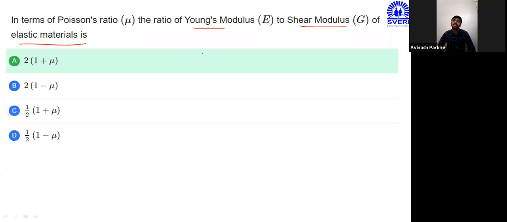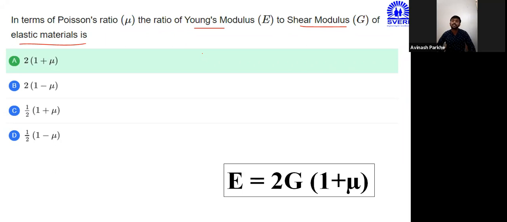For that purpose, first of all, we need to understand the relation between E and G. The relation I have represented in front of you: E is equal to 2G in bracket 1 plus mu. If I take the ratio of E upon G, out of the 4 options, which option will be correct?